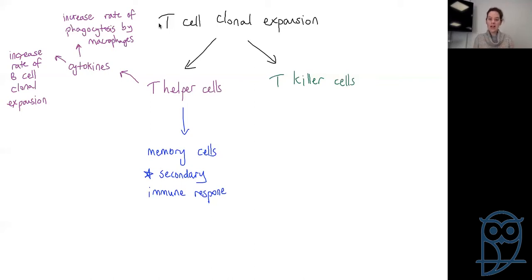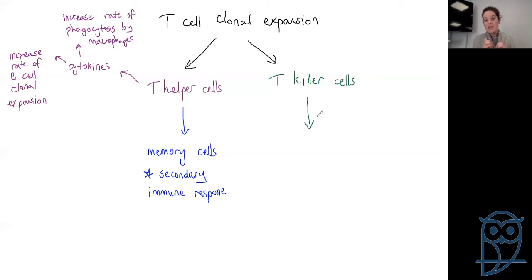So the last level of our sort of team that's going on here is our assassins, the T killer cells. Now these guys are a little bit different, okay? Because remember, our B cells was all about killing off pathogens, okay? All about identifying pathogens or killing pathogens. T killer cells target self cells.